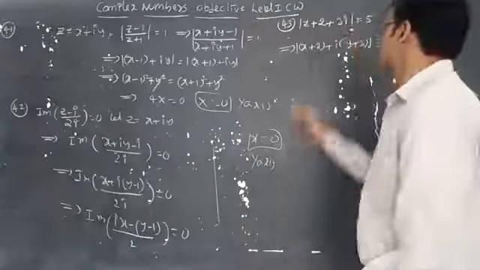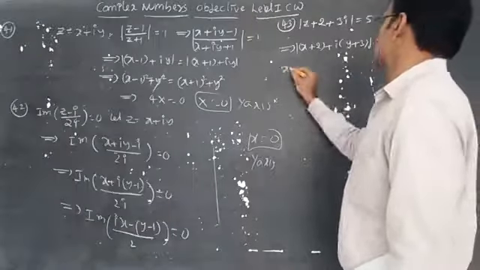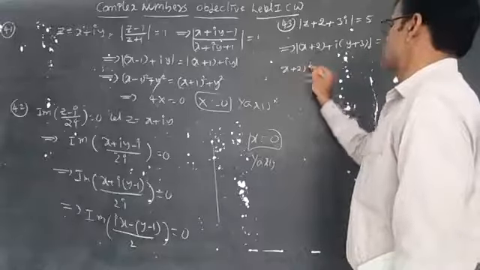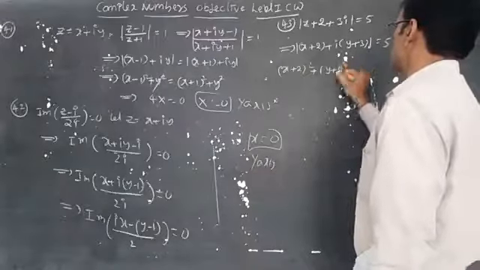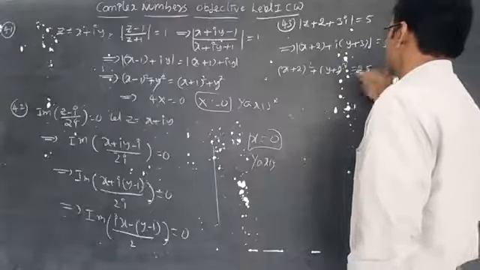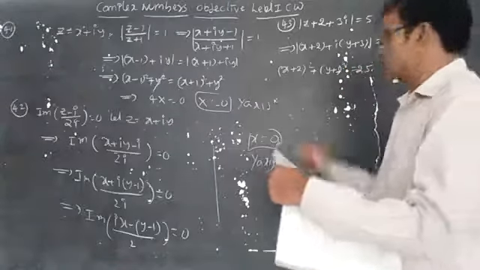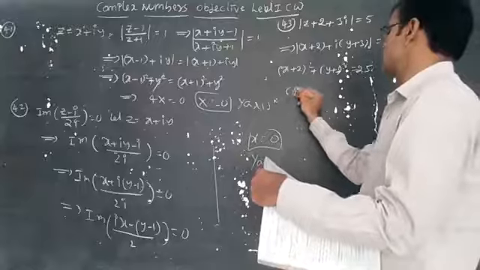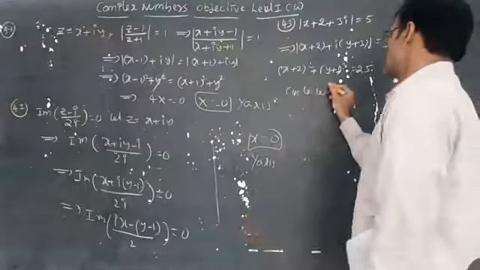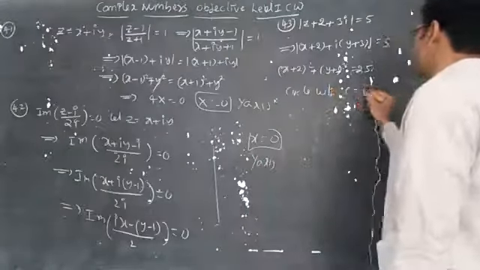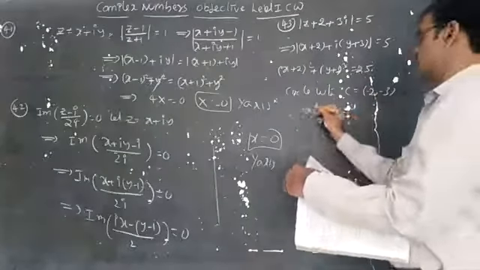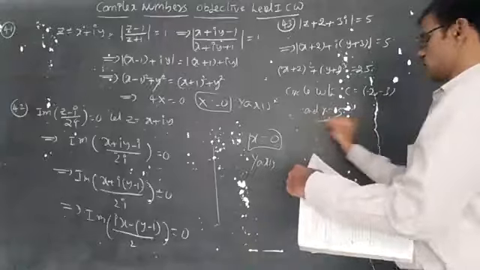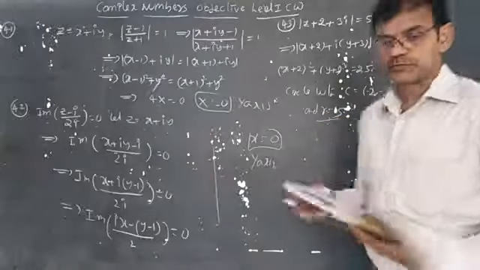Square root of x plus 2 whole square plus y plus 3 whole square. By squaring both sides, x plus 2 whole square plus y plus 3 whole square is equal to 25. This is a locus of circle with center minus 2 comma minus 3 and radius is 5, that is the fourth option.